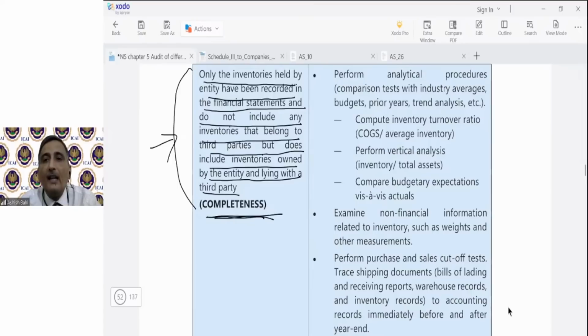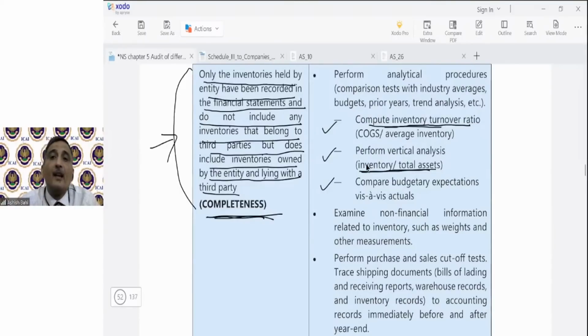So how does the auditor ensure this? Students, he can perform analytical procedures, like computing the inventory turnover ratio. He can see what percentage inventories are of total assets, since inventories are a form of total assets, and compare it with last year's.